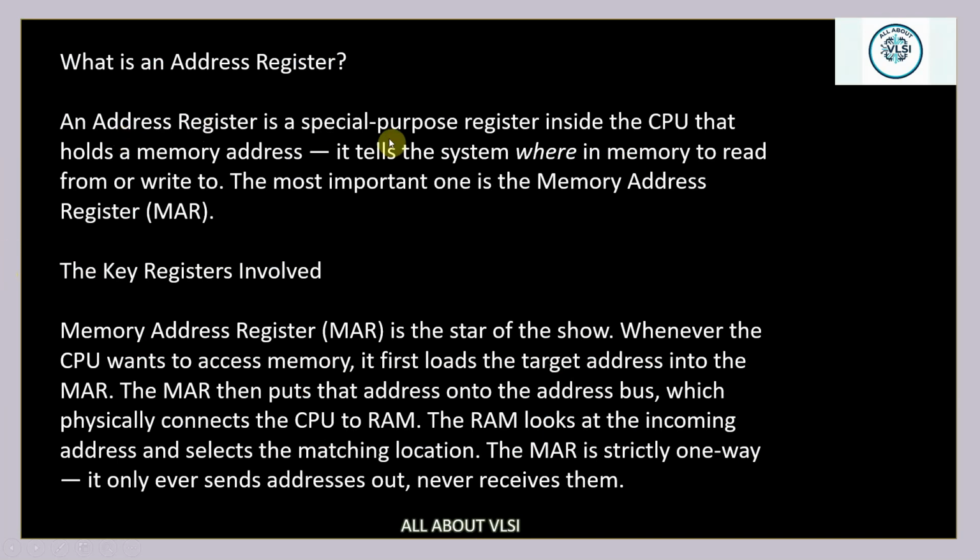Now, this is what is written over here. An address register is a special purpose register inside the CPU that holds the memory address, and it tells the system where in memory to read from or write to. The most important one is our memory address register. Whenever the CPU wants to access the memory, it first loads the target address into the MAR.